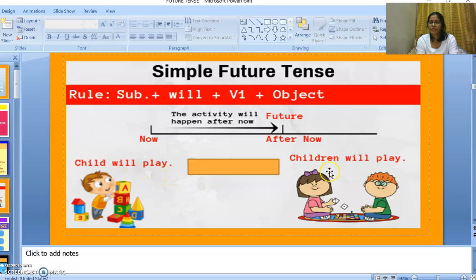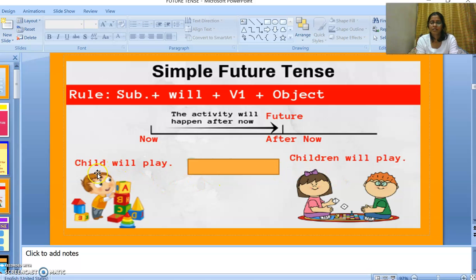Child will play, children will play. Here in both these sentences, in sentence number 1, child is the subject, and in sentence number 2, children is the subject. But child is singular and children is plural.